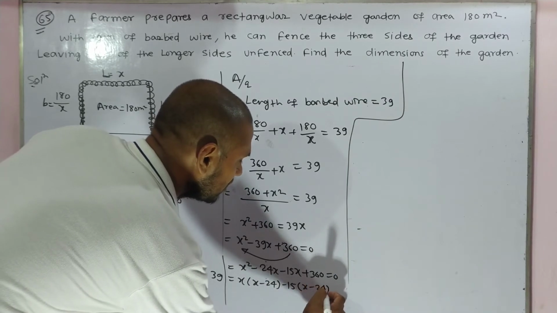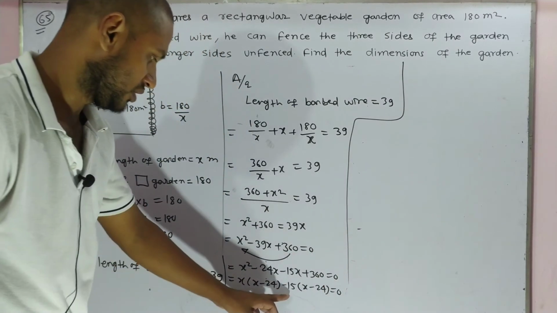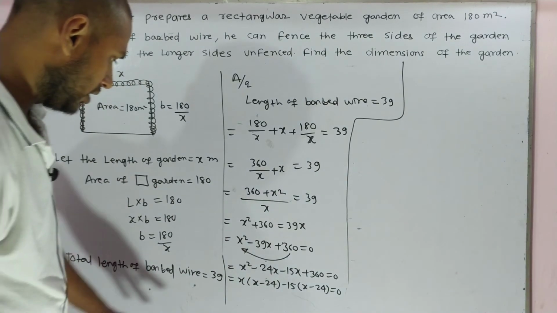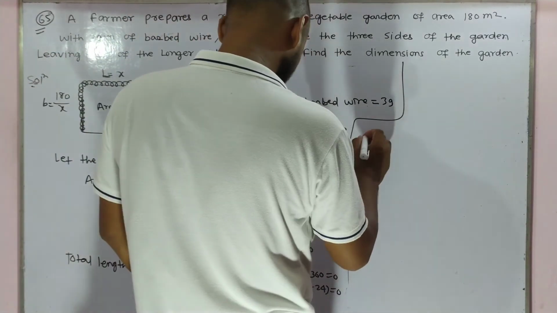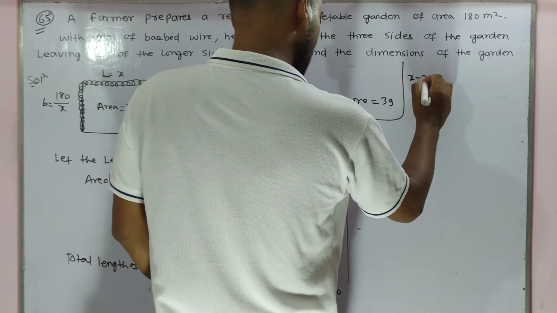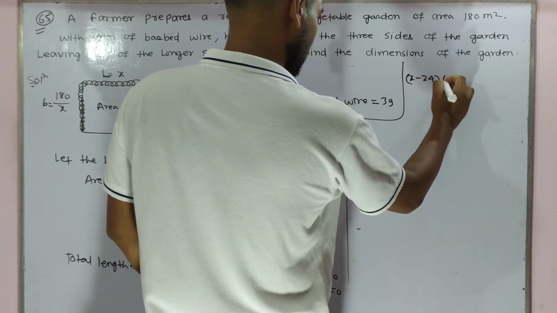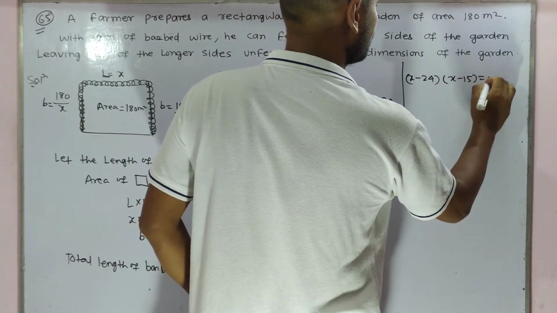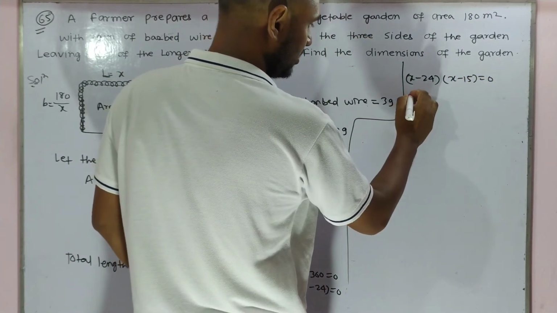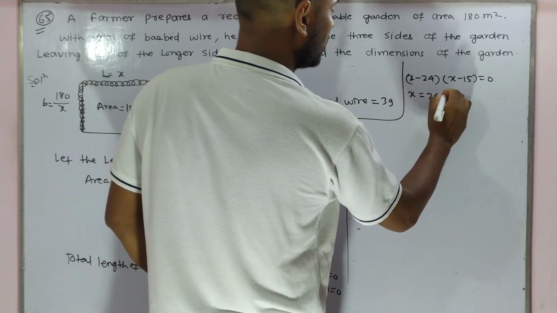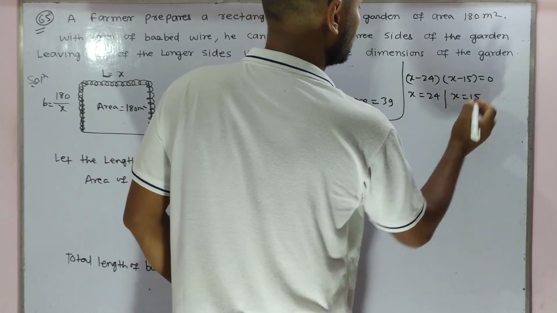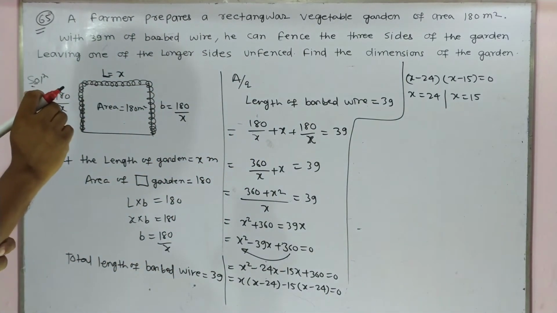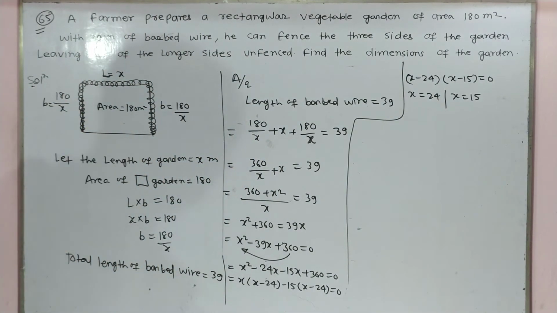Taking x minus 24 common, we get x minus 24 times x minus 15 equal to 0. So x equals 24 and x equals 15. There are two answers for x, 24 and 15, and both are correct.